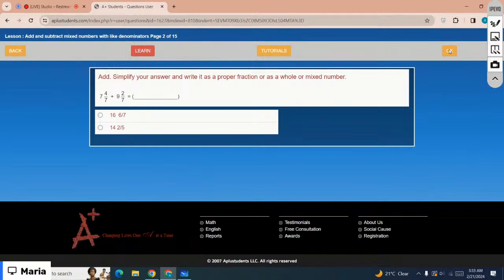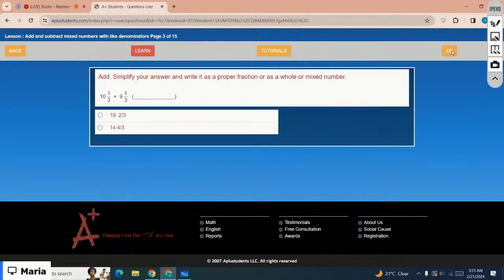So that is 16 whole 6 over 7, which is the correct option. Option number 1 is the correct option.